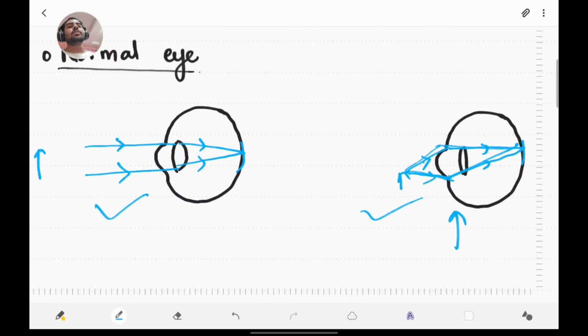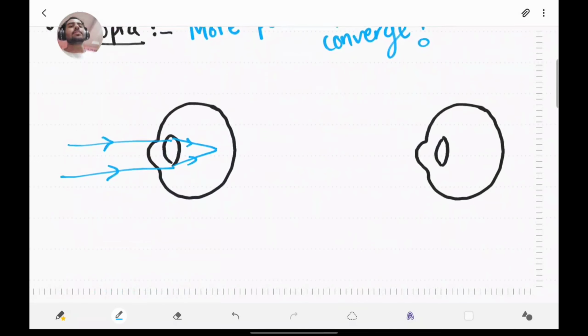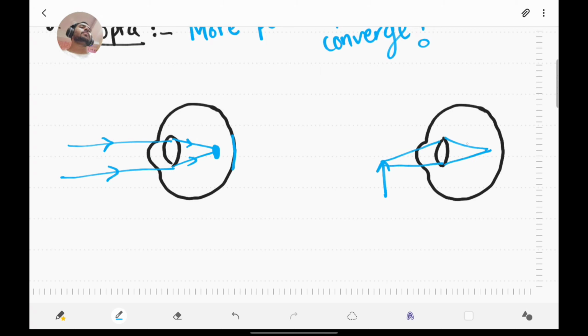Unlike in a normal eye, where the image is formed on the retina, in this case, the image is formed before the retina. This is the retina, and the image is formed over here. And when light comes from a nearby object, it is also formed before the retina, right? Since the power of convergence is more.